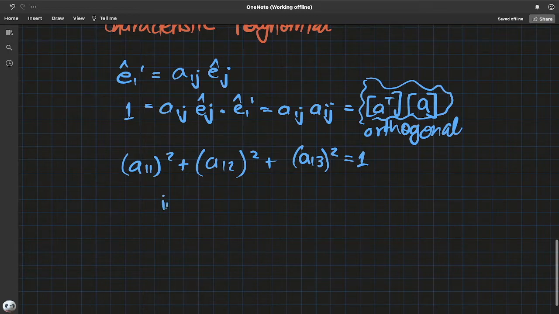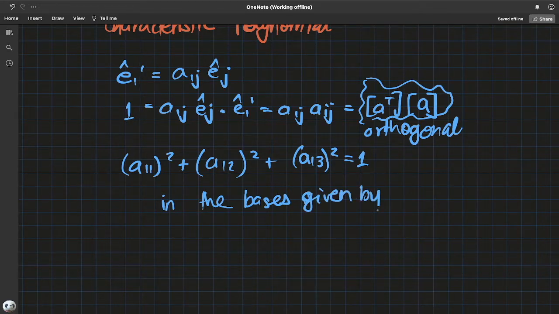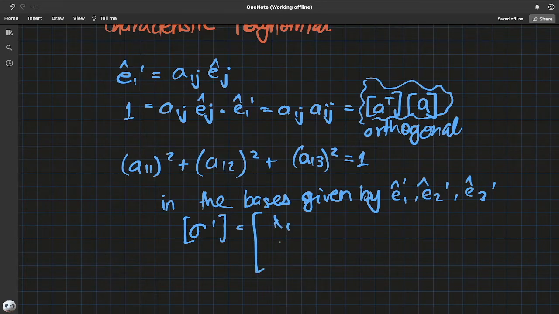Now one interesting thing is that in the basis given by these prime basis vectors, the primed sigma tensor is going to look like lambda 1 0 0, 0 lambda 2 0, 0 0 lambda 3.